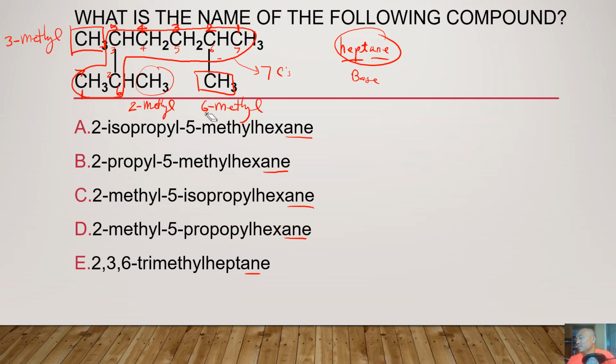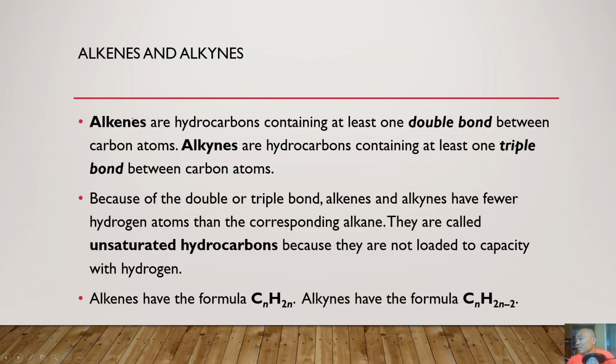For example, this one, rather than being 6-methyl, would be 2 because it's number 2. So that would give you 2-methyl. Then over here, this carbon would be number 5, so it would become 5-methyl. Then this methyl group would be on carbon 6 rather than 2, so you would have another 6-methyl.